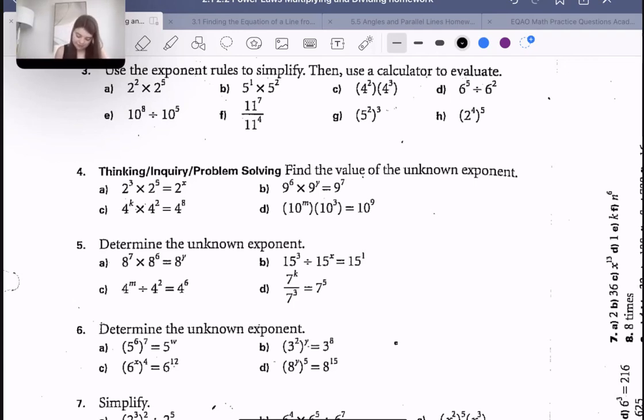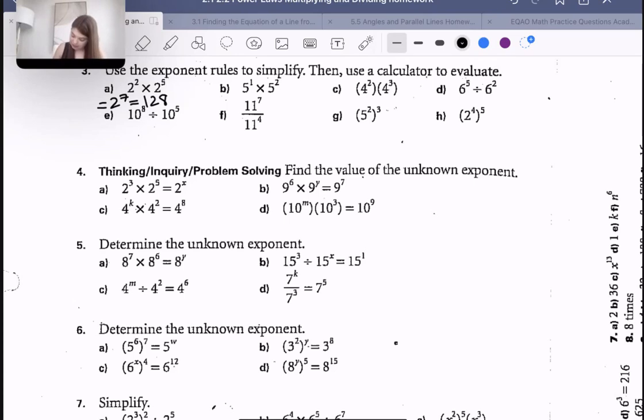Okay. Let's try A. This is 2 squared times 2 to the power of 5. So that's going to be 2 to the power of 7, which then let's type that in our calculator. What is 2 to the power of 7? That is going to be 128.